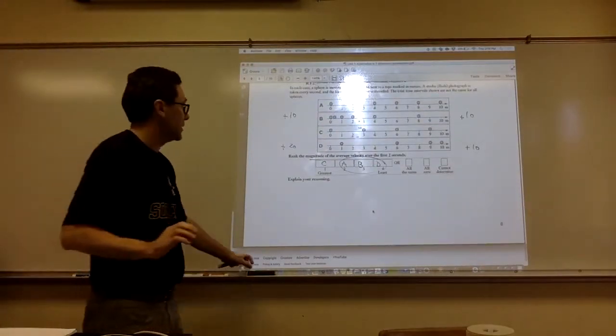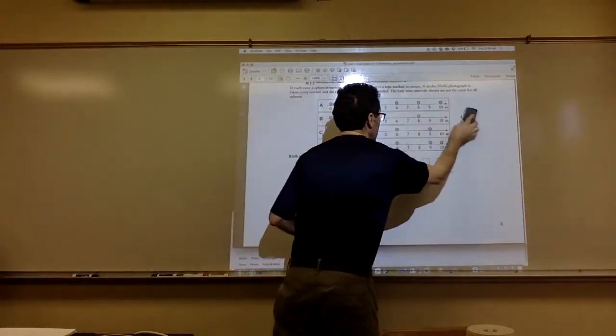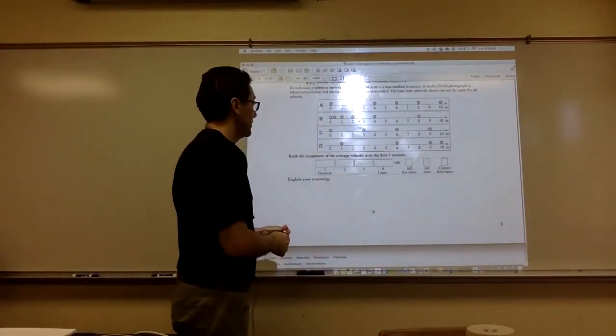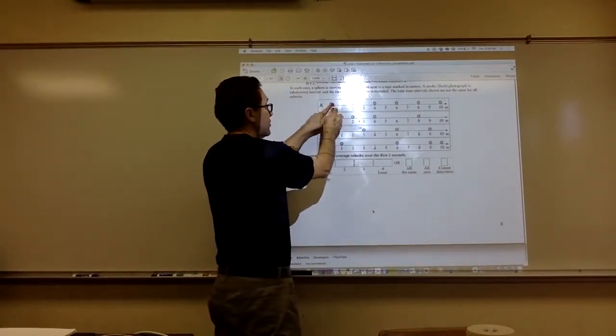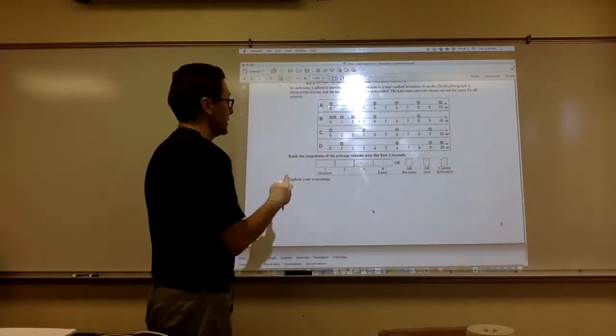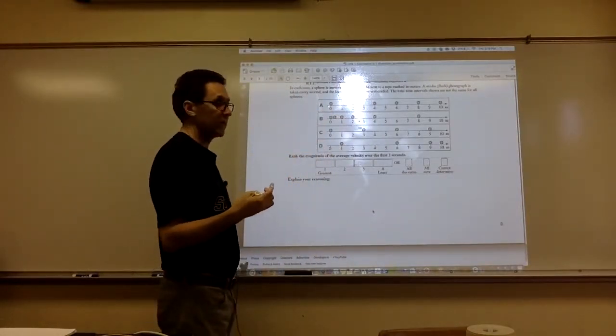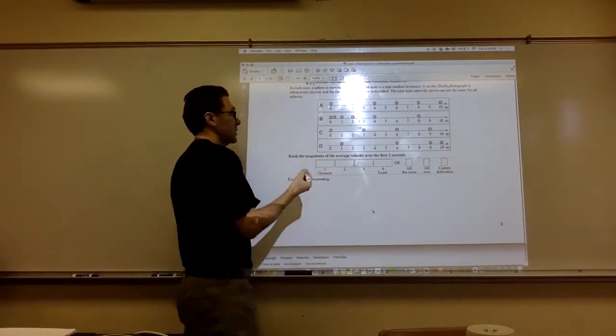All right. This one here is asking us to find the magnitude of the average velocity over the first 2 seconds. So this is the starting time, this is 0, 1 second, 2 seconds. If it's over the first 2 seconds, all we have to do is figure out the displacement, because we're going to be dividing by 2 seconds in all cases.